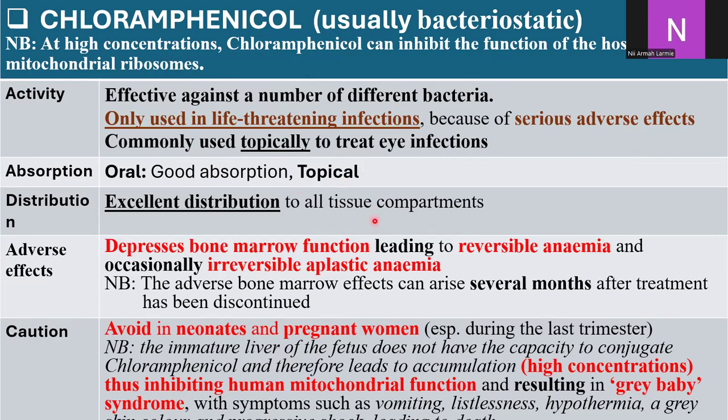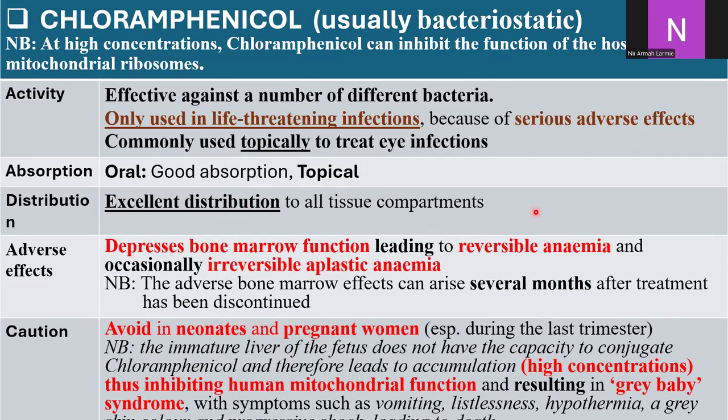Excellent in body tissues. The challenge is, like we stated earlier, it can depress the bone marrow function, and in doing so can cause red blood cell deficiency, can also cause white blood cell deficiency, and can also cause damage of the red blood cell.